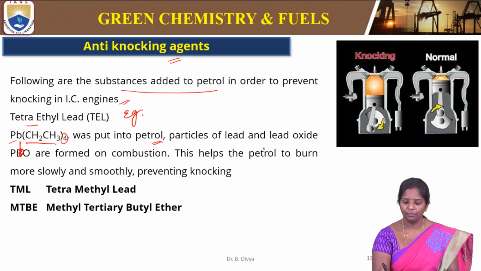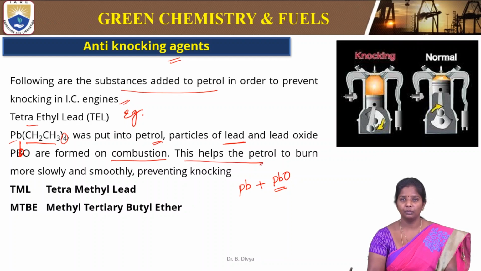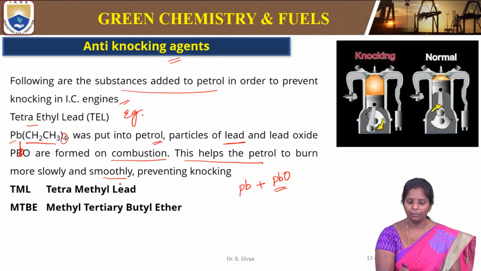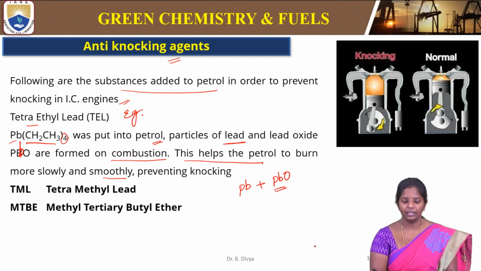Particles of lead and lead oxide are formed on combustion, which reduces knocking. This helps the petrol burn more slowly and smoothly, preventing knocking.